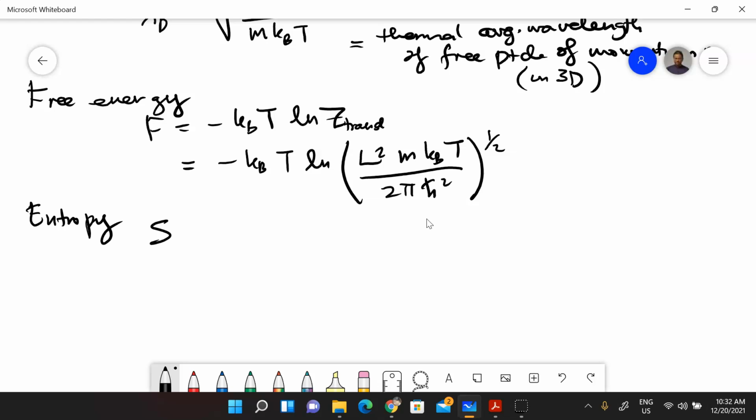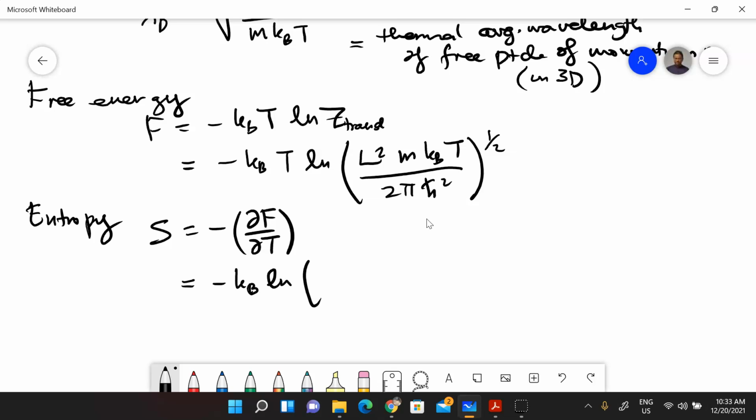The entropy is given by minus partial F partial T, so you differentiate your free energy with respect to T. There are two dependences on T here, one from this prefactor and the other from the T inside the log. Let's differentiate them. The first one should be easy.